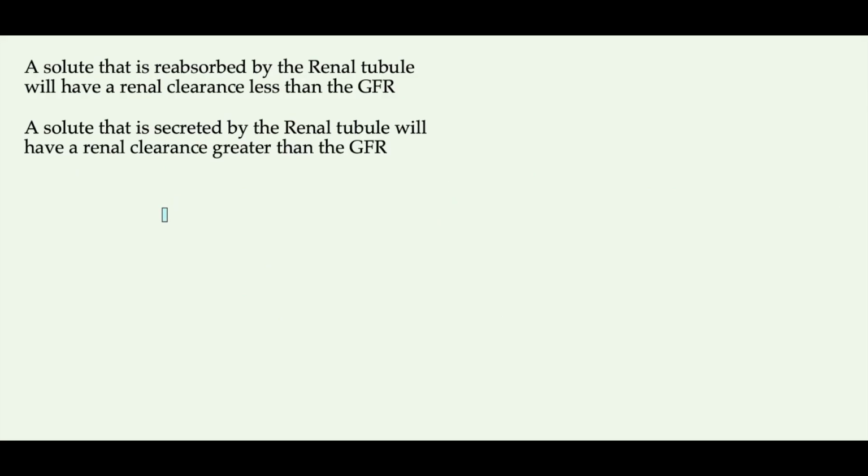To summarize glomerular filtration rate, we have these laws. The first one is a solute that is reabsorbed by the renal tubule will have a renal clearance less than the glomerular filtration rate. To understand this, let's draw ourselves a renal tubule. Let's just say this is our renal tubule. As the law states, a solute that is reabsorbed by the renal tubule will have a renal clearance less than the glomerular filtration rate, and that is due to the fact that they are being reabsorbed.